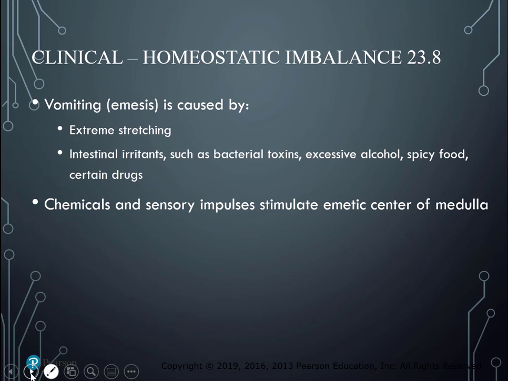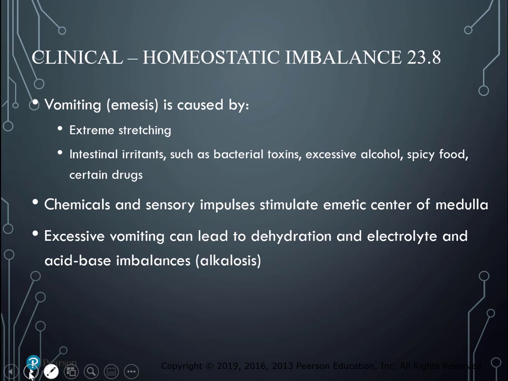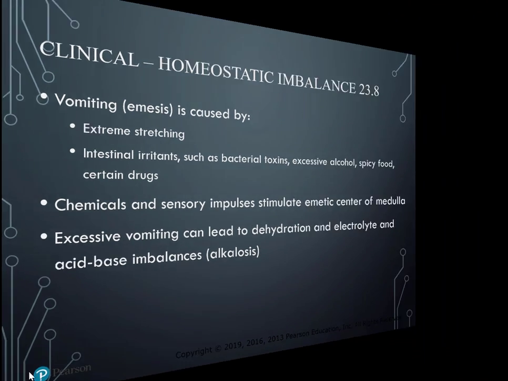Here it is caused by chemical and sensory impulses that stimulate the emetic center of the medulla. And excessive vomiting can lead to dehydration and electrolyte imbalances, which you call alkalosis.